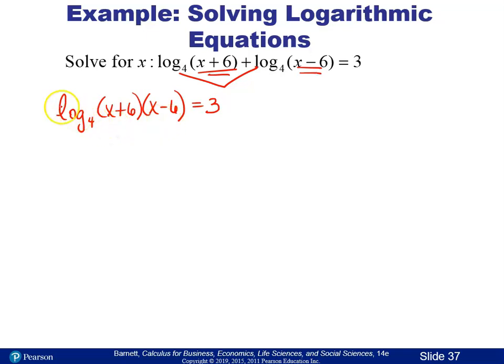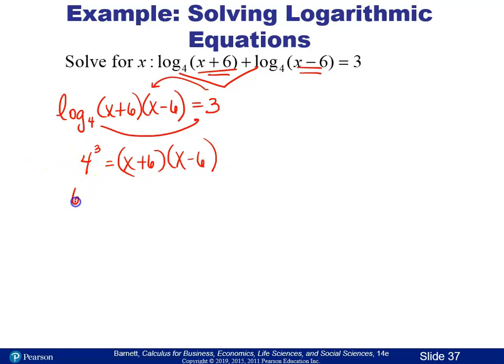Okay, so I have just log on one side, so I'm going to put this in exponential form. So 4 to the third is equal to x plus 6 times x minus 6. Okay, 4 to the third is 64. And if I FOIL this out, the inner and the outer actually cancel, and I just have x squared minus 36.